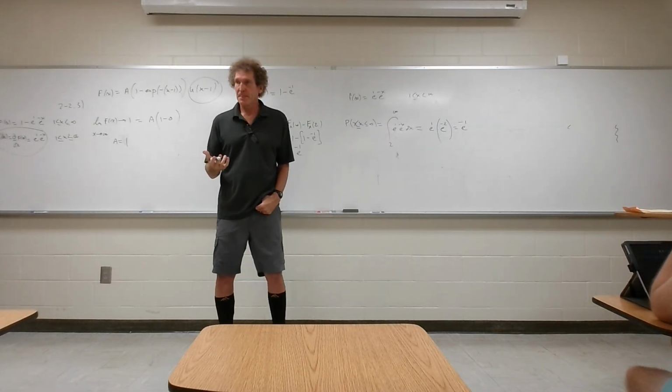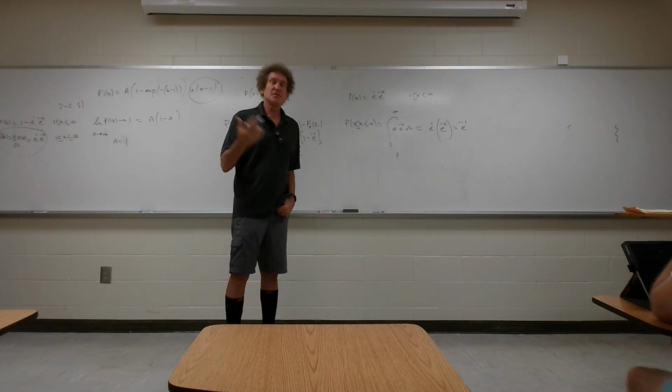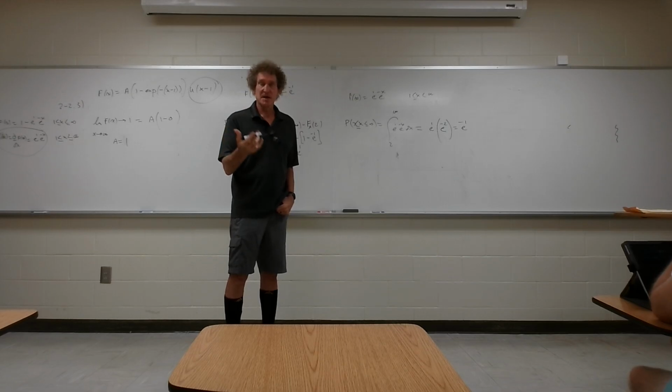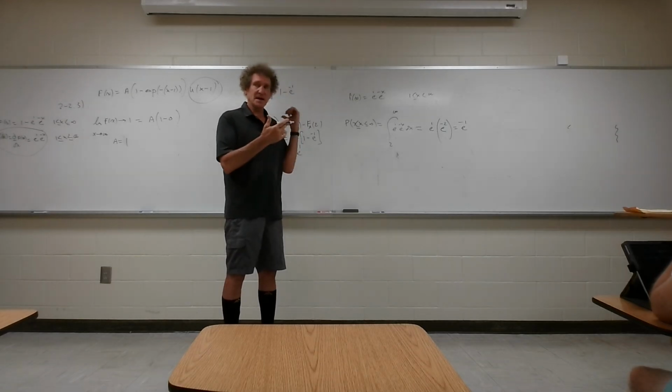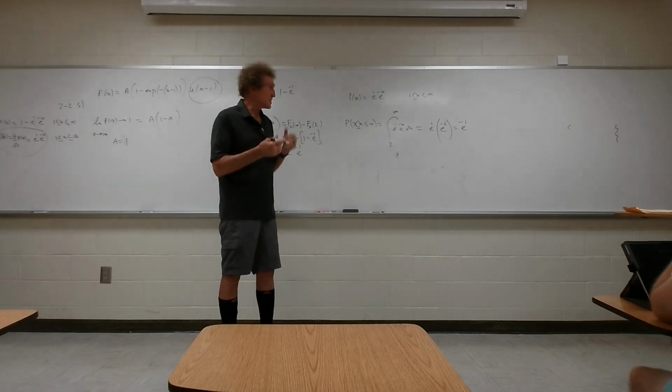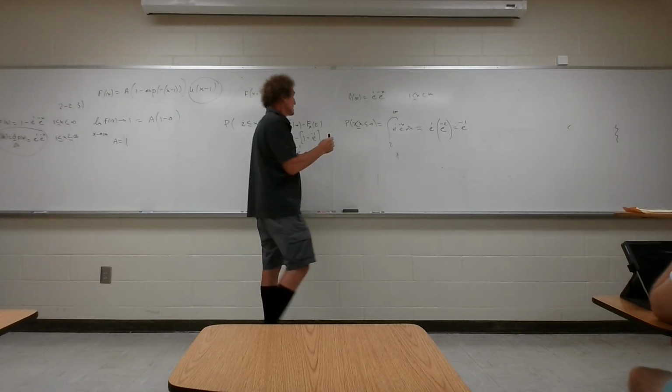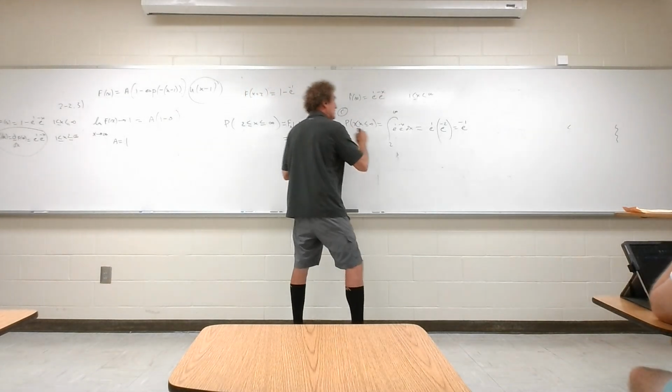Do you agree with that? I'm simply doing the integration of the density function, even though they're mathematically the identical thing that we did with the cumulative distribution. That's part C.